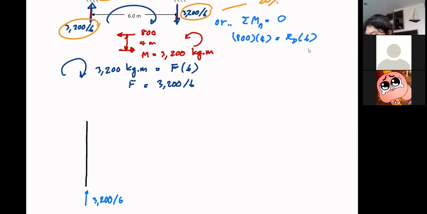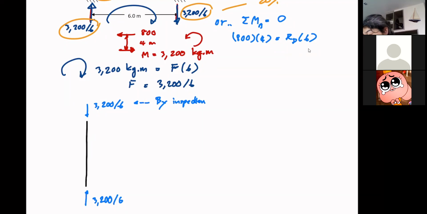You can tell right away that this better be 3200 over 6, right? Otherwise, your sigma Fy is bust. So you can make your little note that by inspection, you know that this one must be equal and opposite to the reaction.